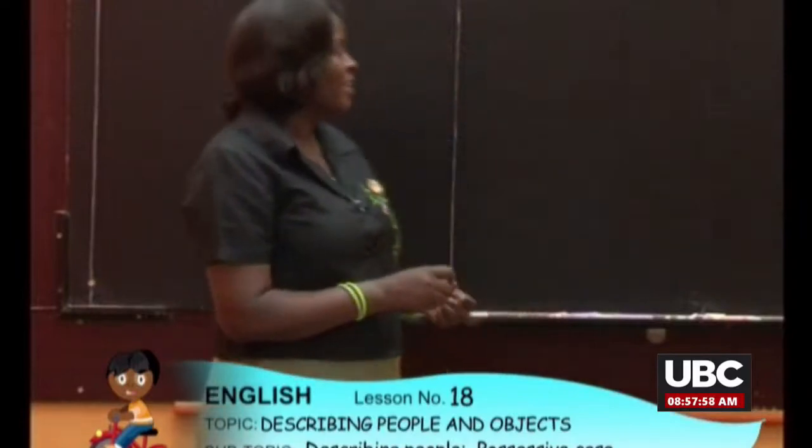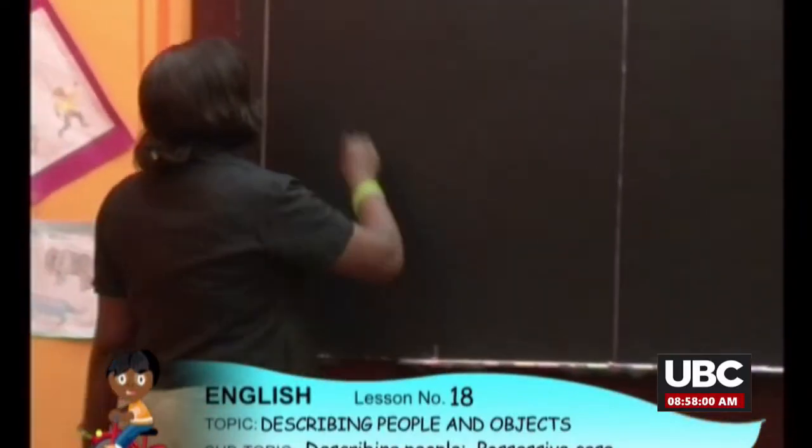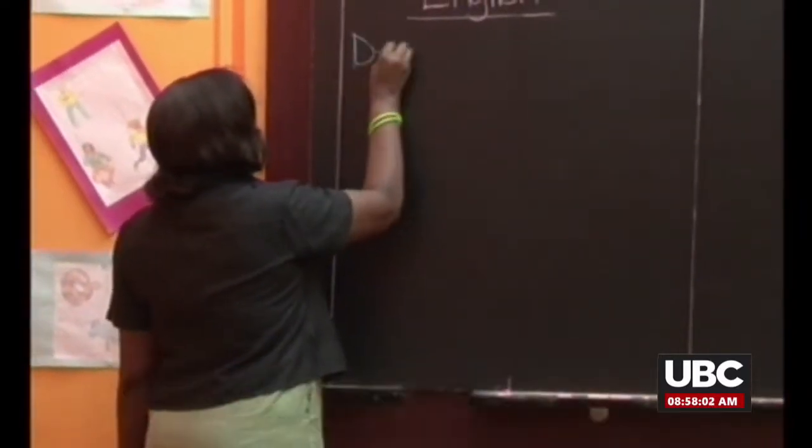People have different ways they were created, so you can talk about a person by looking at their appearance. Some people are fat, others are thin, others are tall, others are short, beautiful, and so on. So those are the words we are still looking at. Our topic is the words we use to describe people.